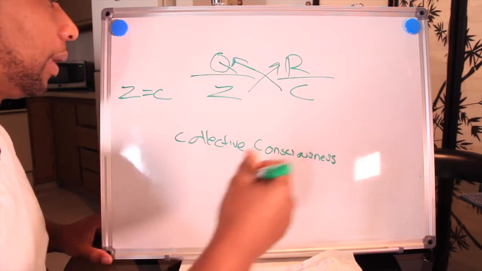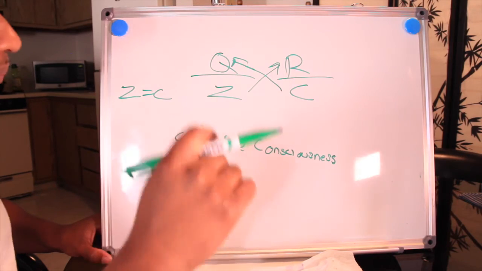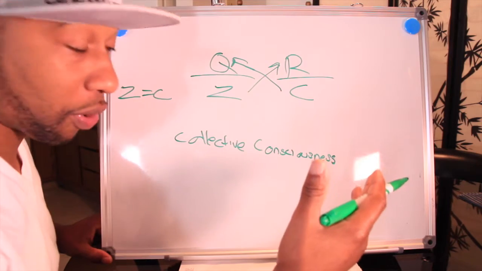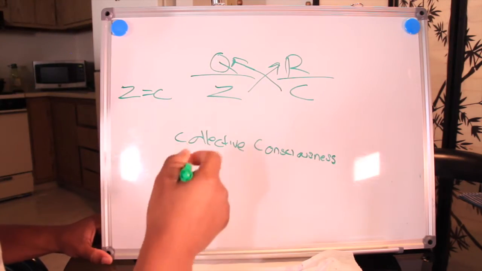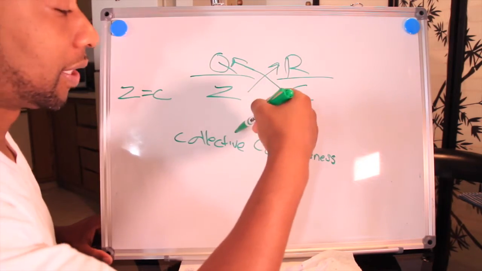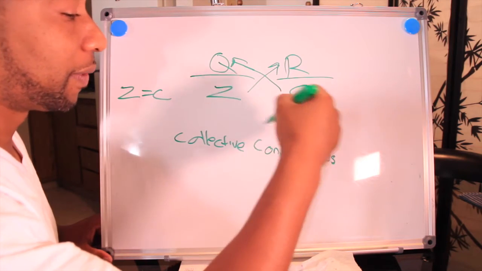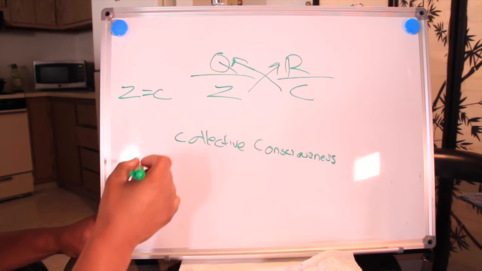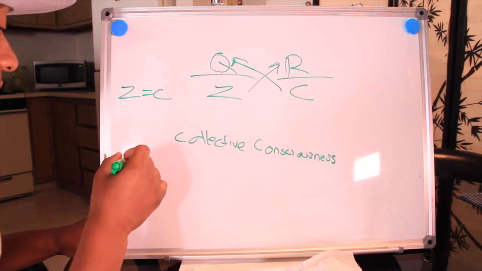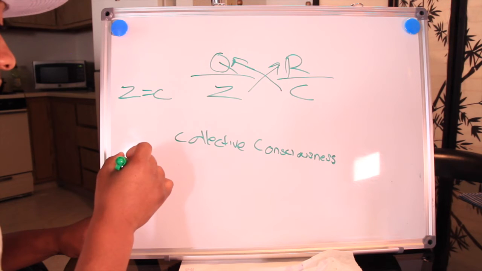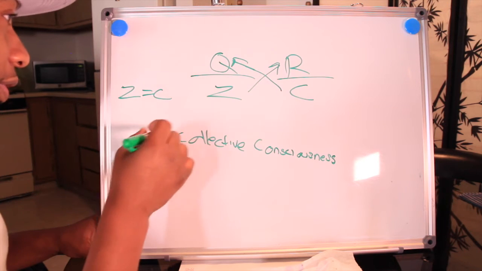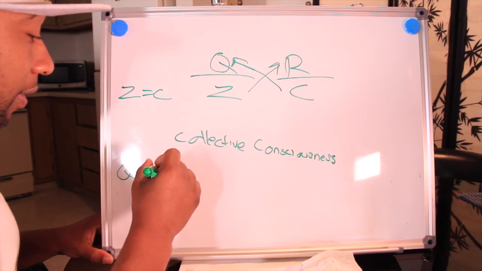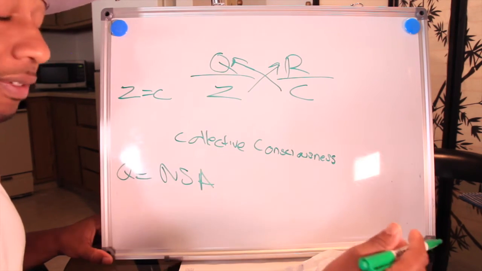And Q and R could be anything, I'm just going off the top of my head here. So if these are common denominators, the collective consciousness of the people of the two different situations, Q could equal the NSA, right?